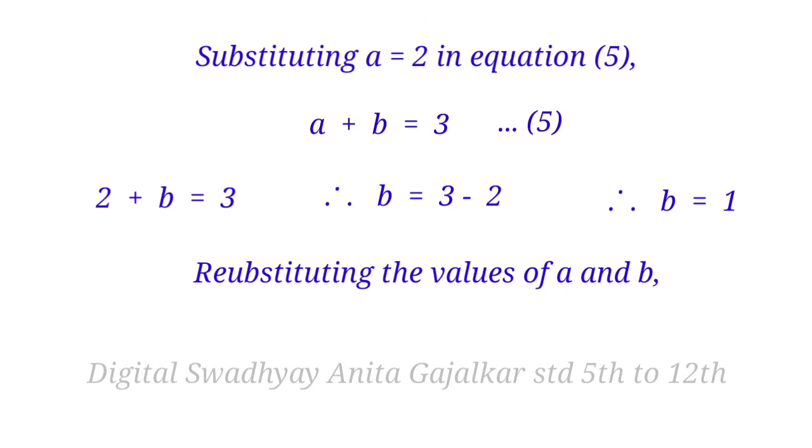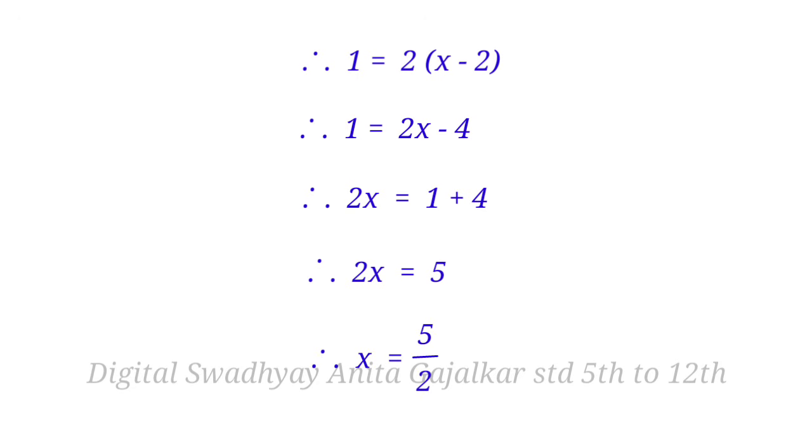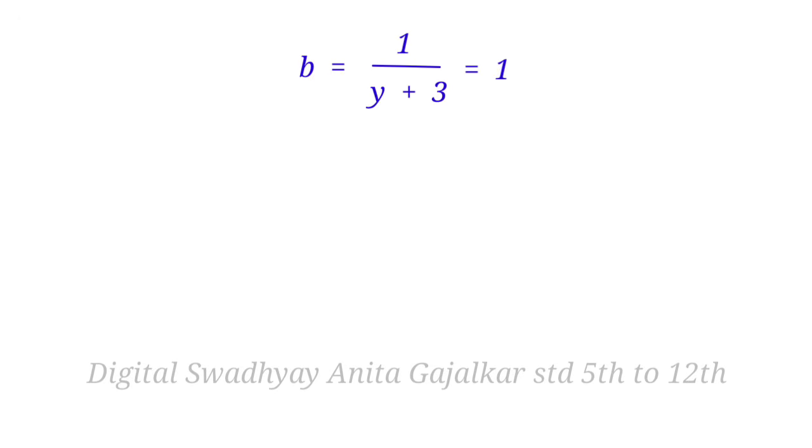Resubstituting the values of a and b, a equal to 1 by x minus 2 equal to 2, therefore 1 equal to 2 in bracket x minus 2, therefore 1 equal to 2x minus 4, therefore 2x equal to 1 plus 4, therefore 2x equal to 5, therefore x equal to 5 by 2. b equal to 1 by y plus 3 equal to 1, therefore 1 equal to y plus 3, therefore y equal to 1 minus 3, therefore y equal to minus 2.